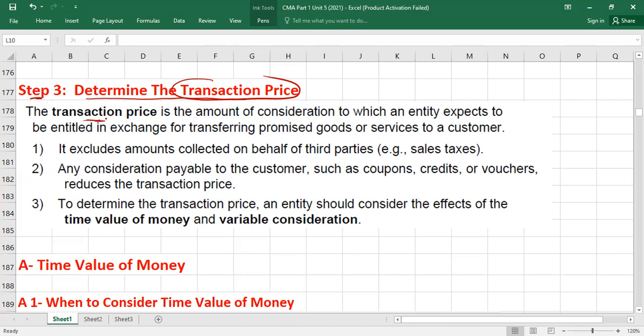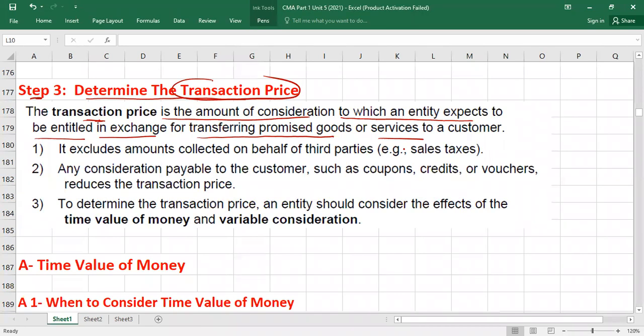Transaction price is defined like this: the amount of consideration to which an entity expects to be entitled, like an entity has a right to receive, in exchange for transferring promised goods or services to the customer. Whatever you are going to receive against the promised goods or services is called your transaction price.